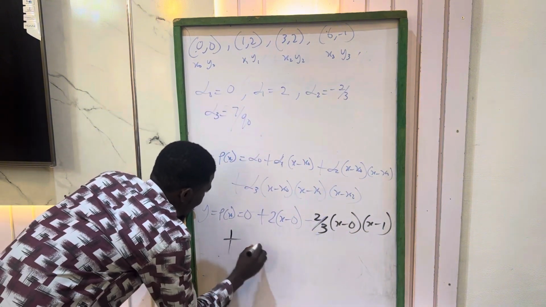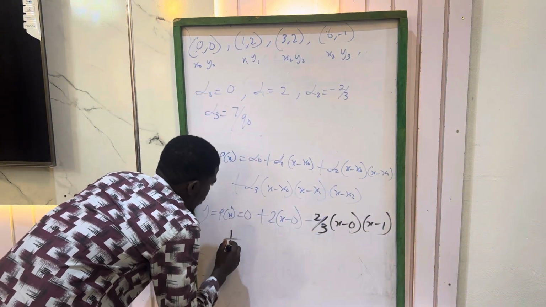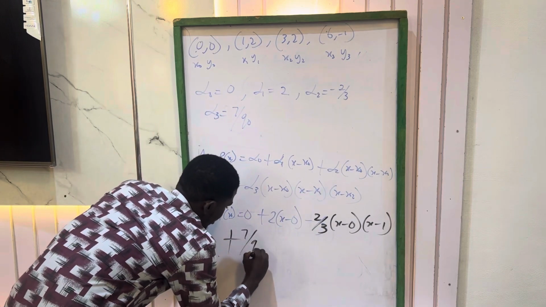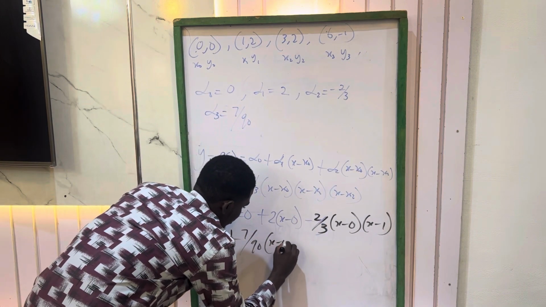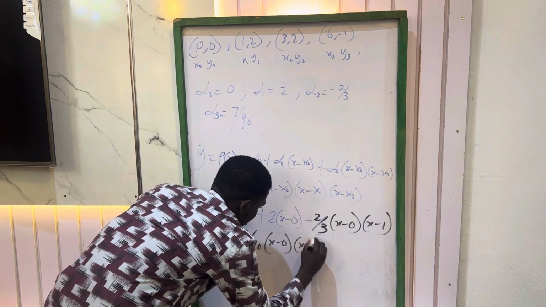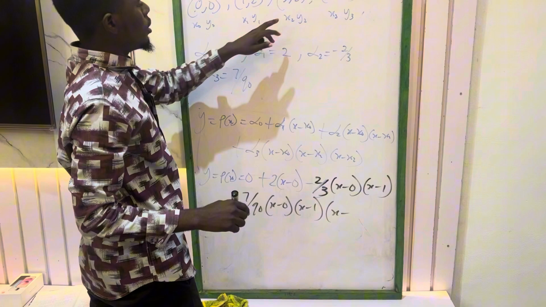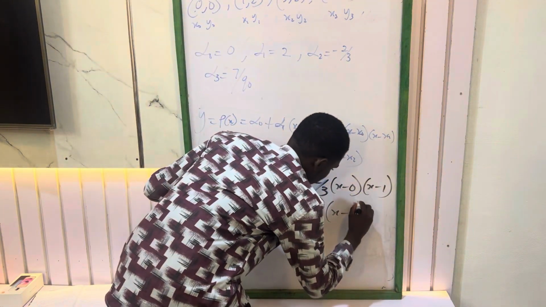Then the last term, alpha 3, which is 7/90, into (x - 0)(x - 1)(x - x2), where x2 is 3, so (x - 3).